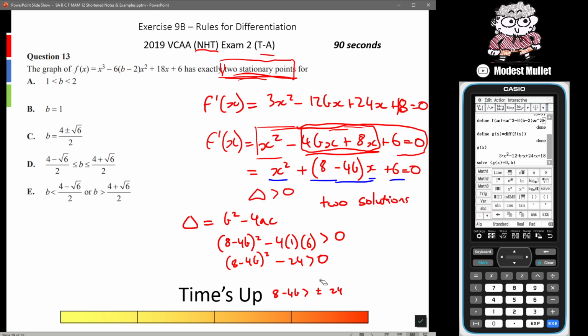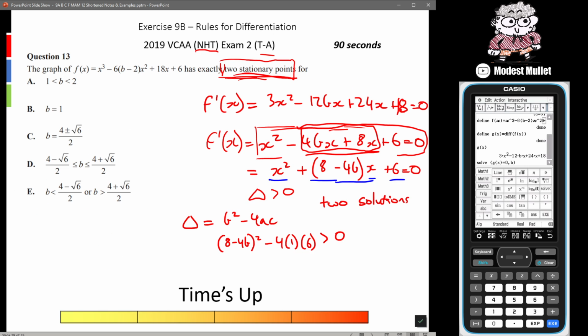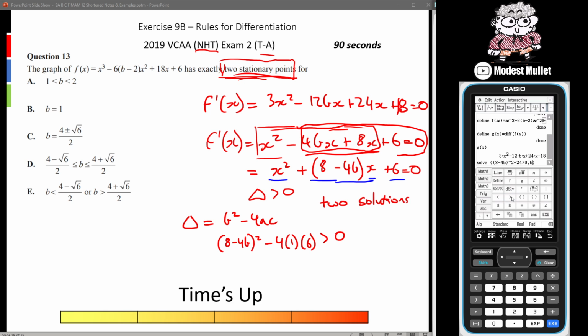CAS active, so let's use our CAS. Let's see what it tells us. We can solve inequalities on our CAS. So we have 8 minus 4b all squared minus 24 greater than 0, and we're trying to solve for b.